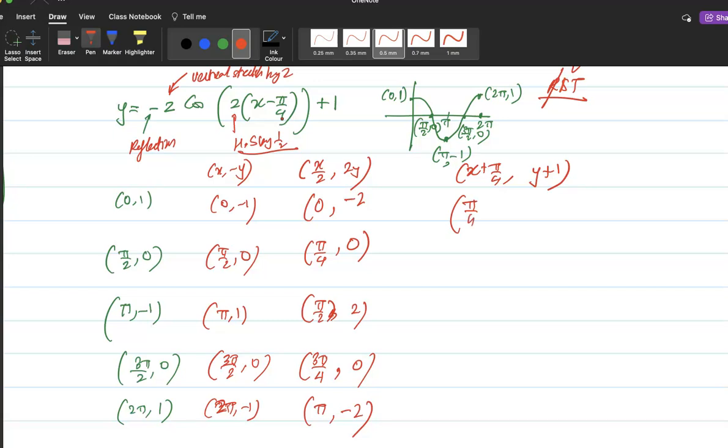Pi by 4 plus pi by 4 is pi by 2, plus pi by 4 is 3 pi by 4, plus pi by 4 is pi, and pi plus pi by 4 is 5 pi by 4. Now for the y values you add 1: minus 1, 1, then 3, 1, minus 1.